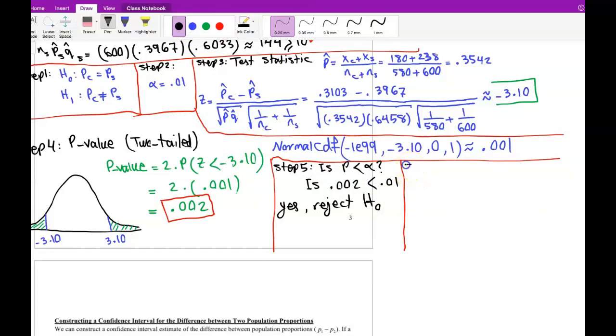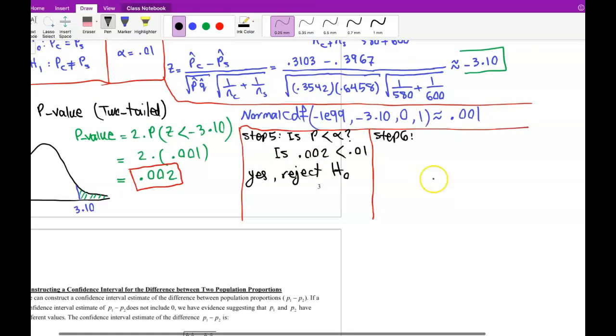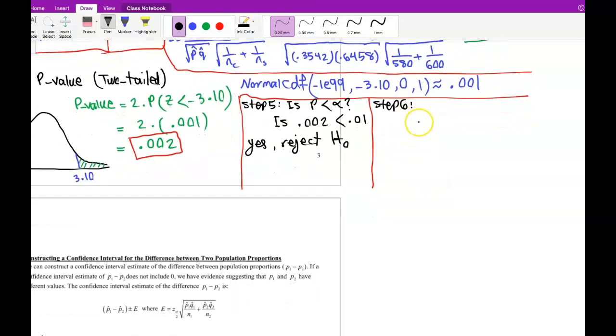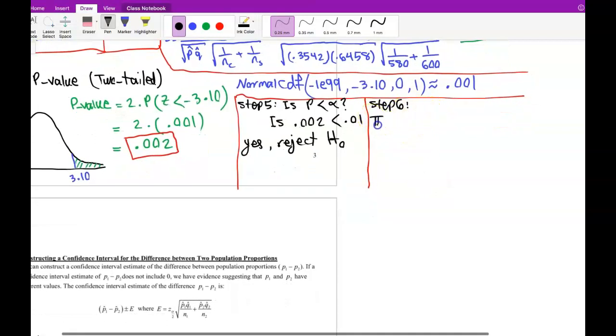Okay, then step 6. State the conclusion. What that means, writing this in words: we have sufficient evidence to conclude that the proportion of Catholics that favor capital punishment is different from the proportion of seculars.